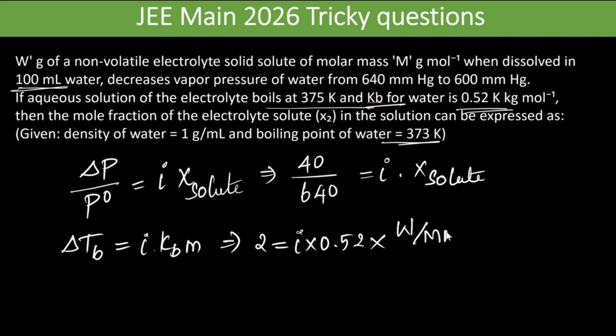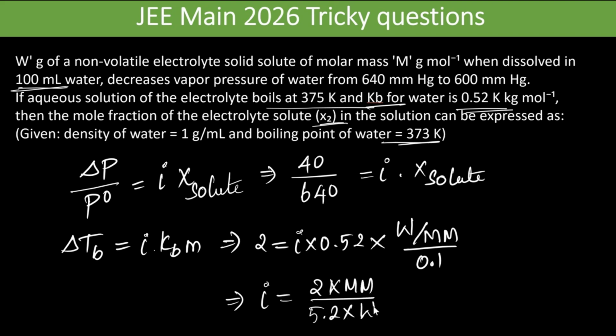So weight by molecular weight divided by 0.1. i is equal to 2 into mm by 0.52 divided by 0.1, that is 5.2 into W. And from the first equation, if you simplify, that will become 1 by 16.